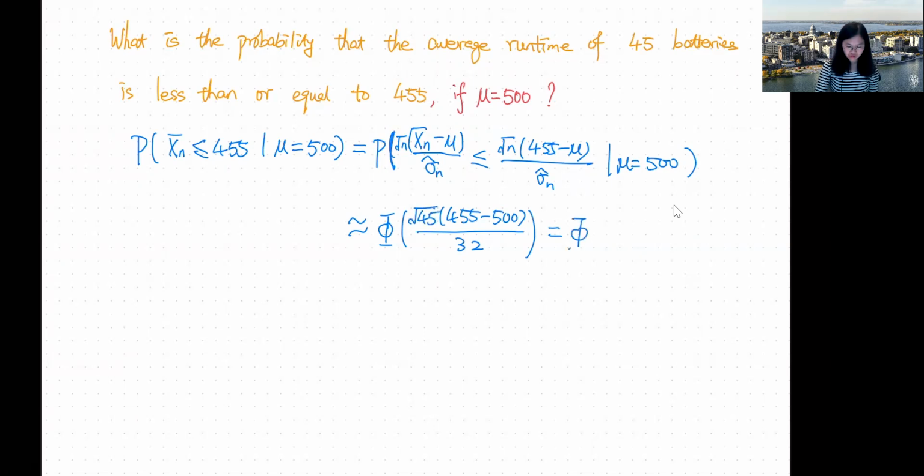So that is Phi of minus square root 45 times 45 divided by 32, right? 455 minus 500 is minus 45. So we can do this calculation. I'm going to do it right now on my computer and see what this number is.